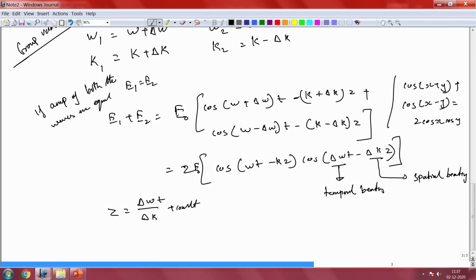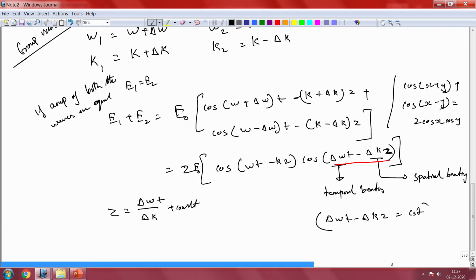So delta omega t minus delta k z should be equal to a constant. We took it from the phase discussion that we had, so you don't have to worry too much.